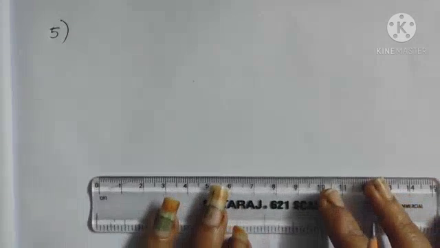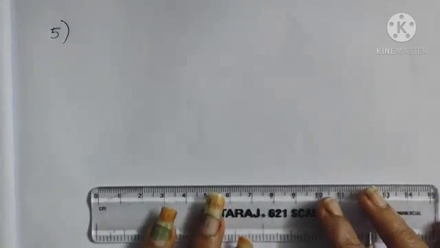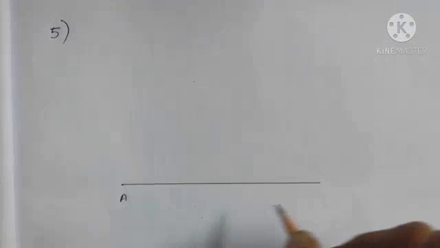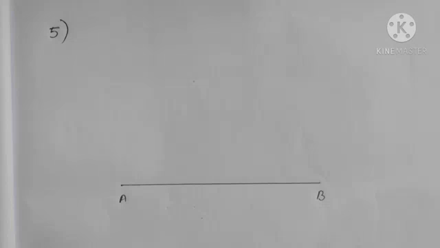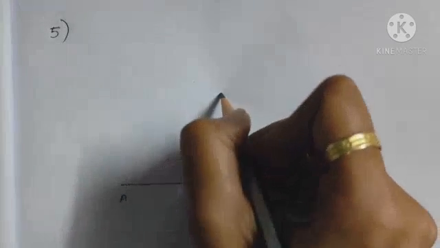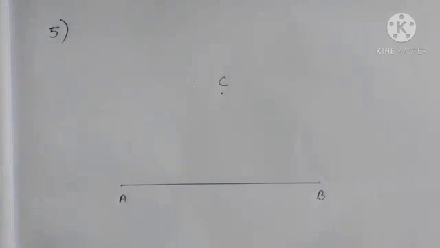Here we are going to draw a line parallel to line AB through a point C. First we draw a line with the help of a ruler by taking any measurement, and then we mark a line segment AB. Then mark a point C above line segment AB. Here marking a point C.